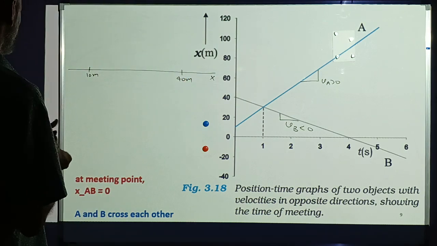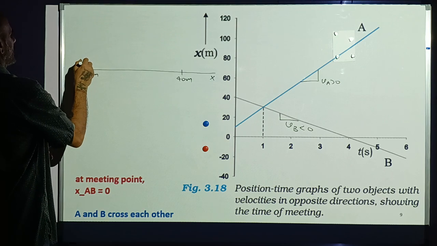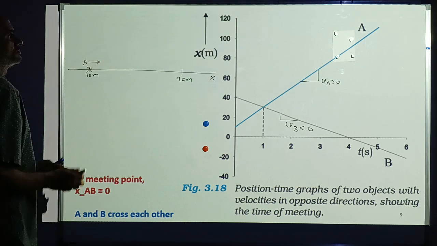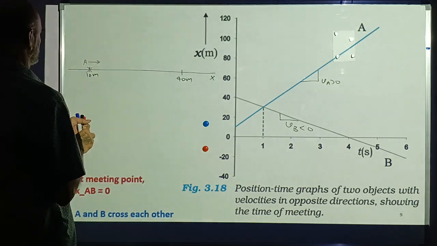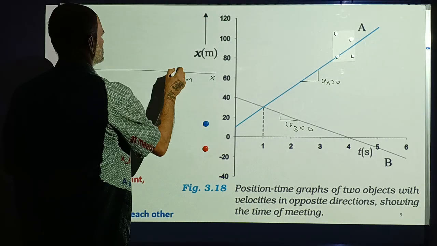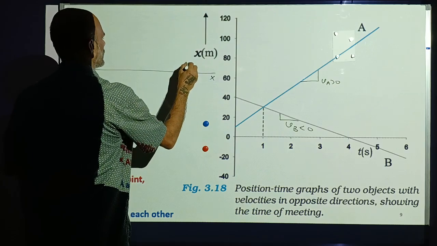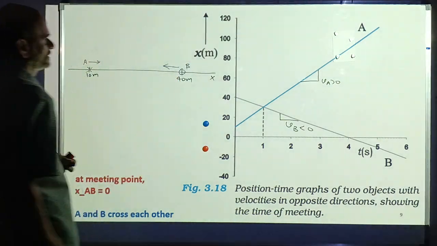A starts from 10 meters and is moving towards right. B starts at 40 meters and is moving in the negative x direction because velocity is negative.